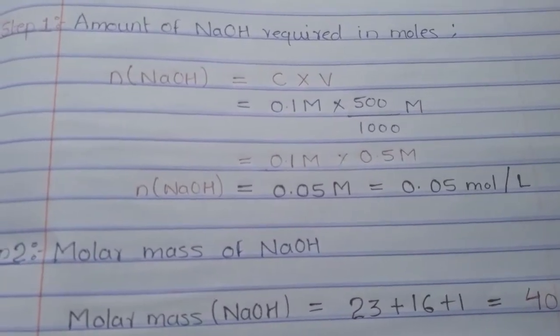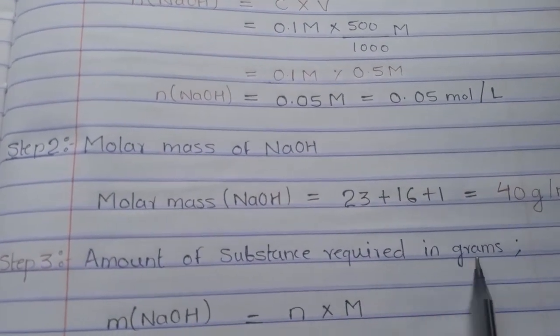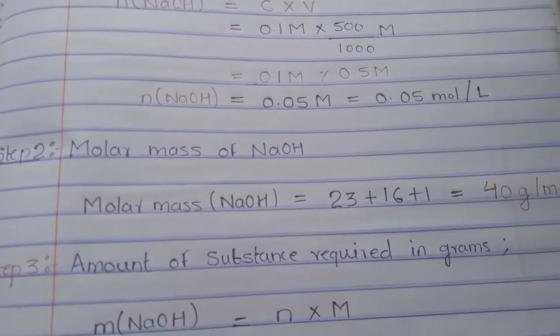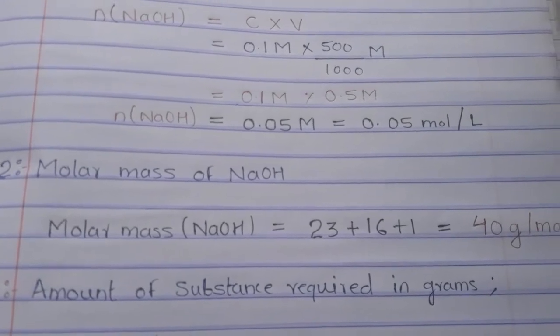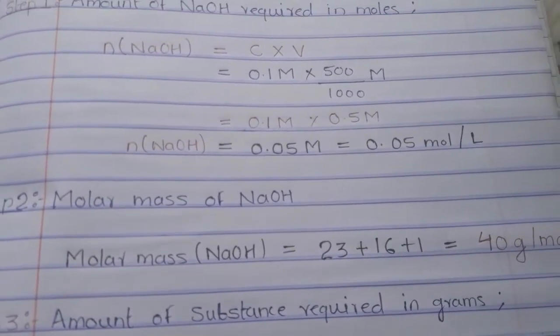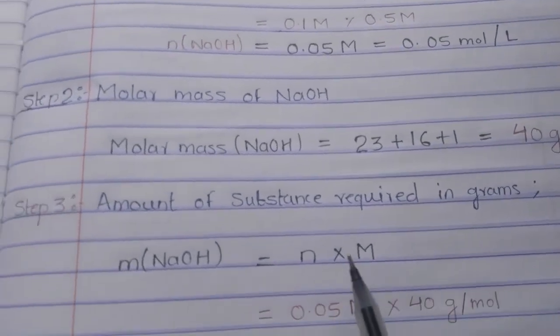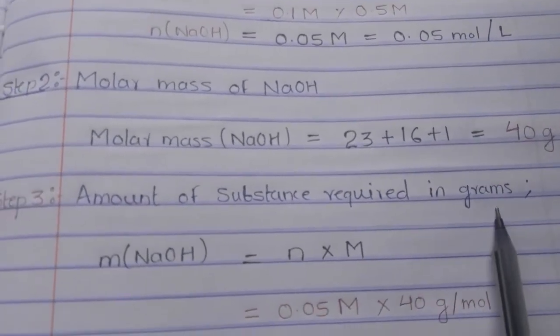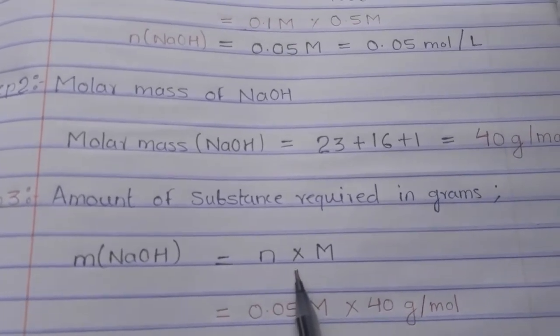Now the third and final step is to calculate the amount of substance required in grams, which is asked in the question. We have to find the amount of substance required in grams for making 500 ml of 0.1 molar NaOH solution. So the mass of NaOH is number of moles into molar mass.